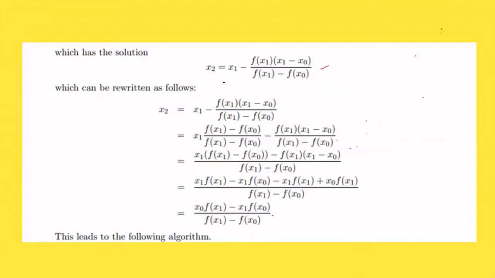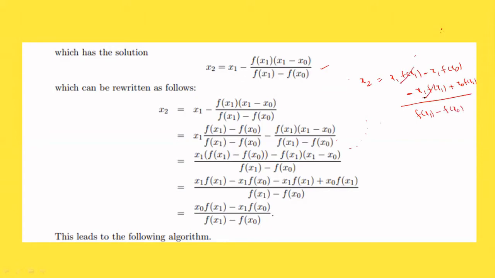Next, this can be rewritten. What he is doing is taking the LCM, f(x1) minus f(x0). So x2 is equal to [x1 into f(x1) minus x1 into f(x0) minus x1 into f(x1) plus x0 into f(x1)] by [f(x1) minus f(x0)].